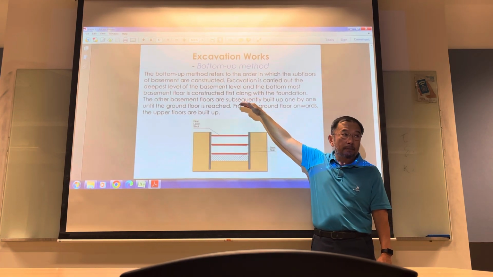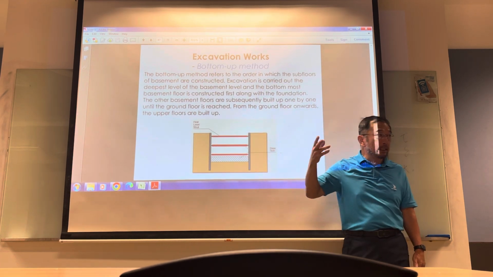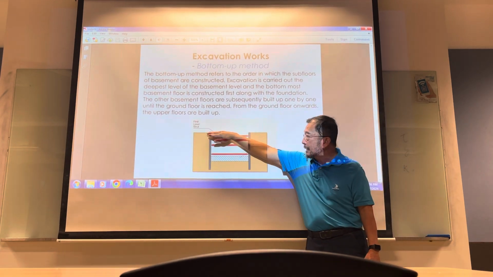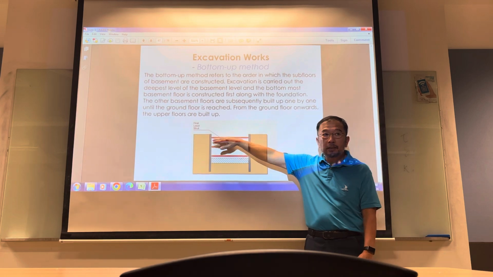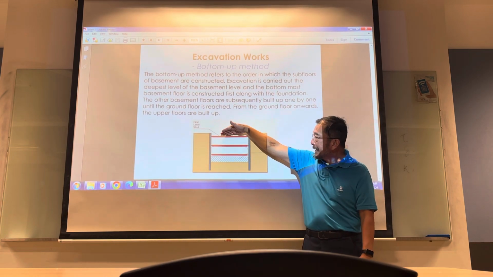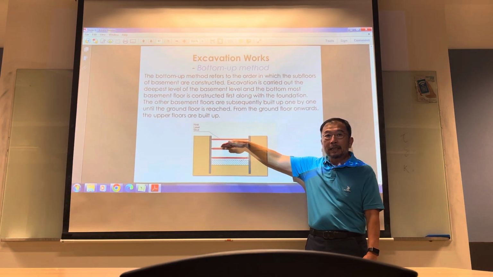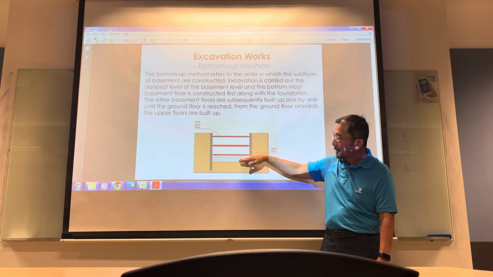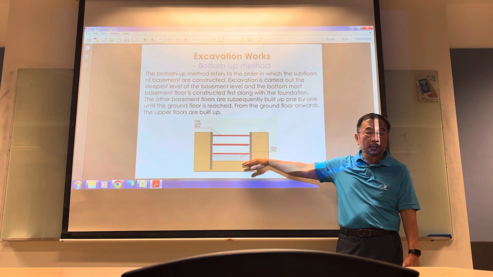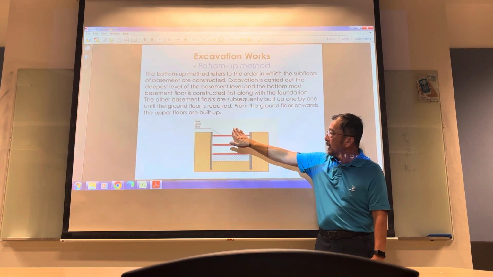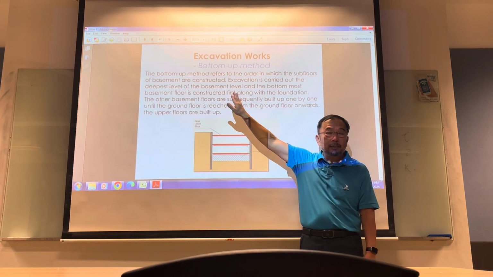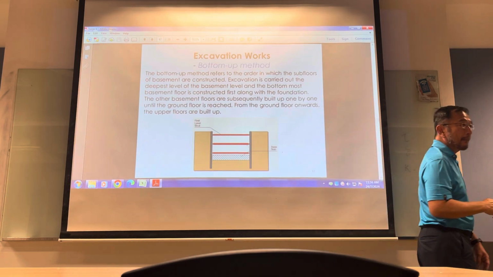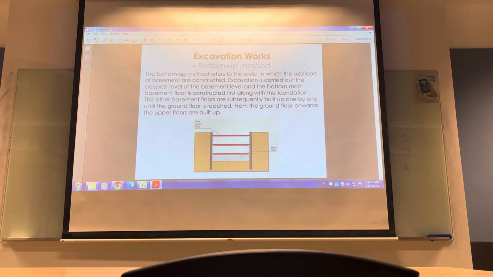That's called bottom up. There's another technique called top down, where you cast your level 1 structure, slab, and you excavate down and cast your B1 structure, excavate down and cast your subsequent basement structure. And this will also enable you to construct upward simultaneously at the same time as you excavate down.